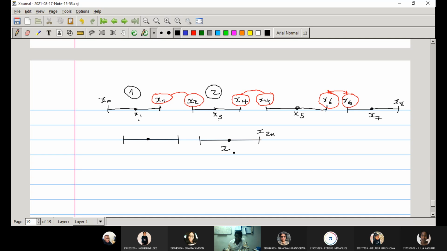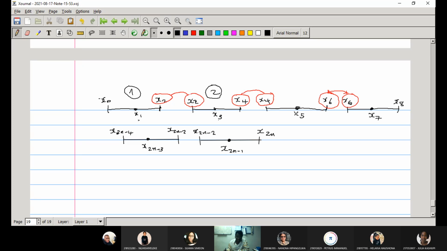This is 2n minus 1, and this is 2n minus 2, and this is 2n minus 3, 2n minus 4.